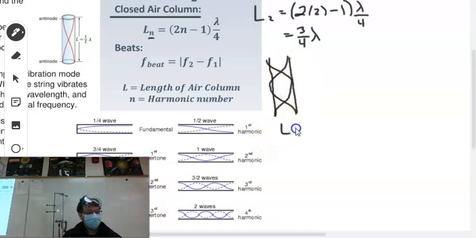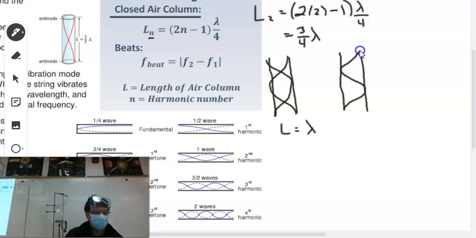So the length of our air column would then be, well, from here to here is half, to here is 1. So 2 over 2, or just one wavelength. If I were to make those wavelengths even shorter, we wouldn't go to this one or this one, but we would go to that one, like so.